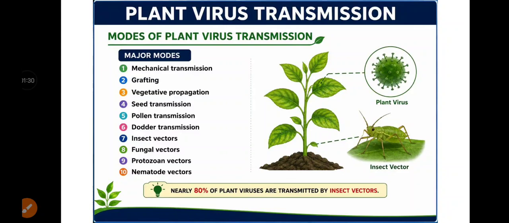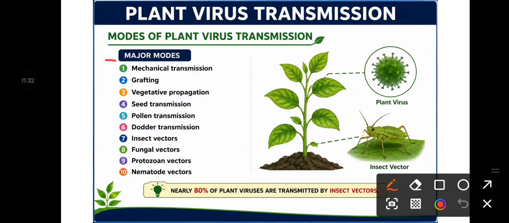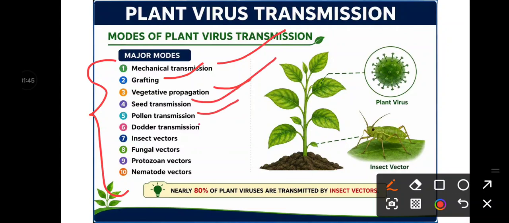We will discuss here 10 major modes of virus transmission: mechanical transmission, grafting, vegetative transmission, seed transmission, pollen transmission, Dodder transmission, insect vector, fungal vector, protozoan vector, and nematode vector.